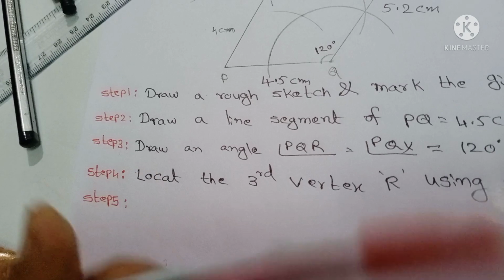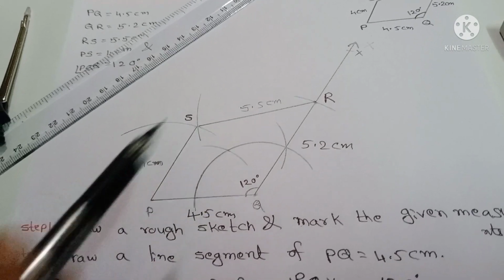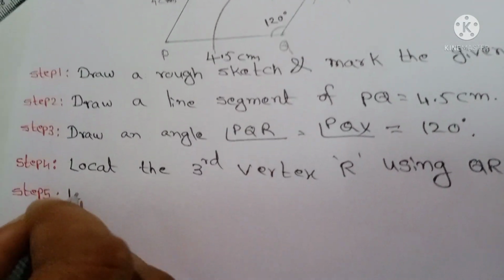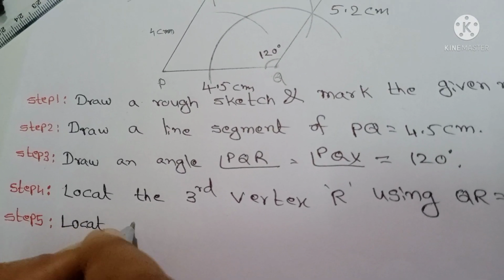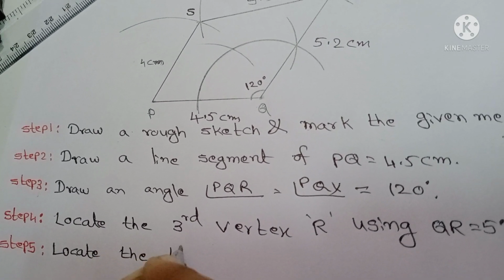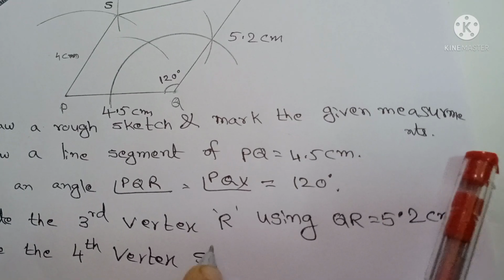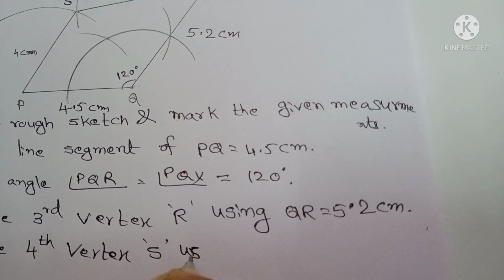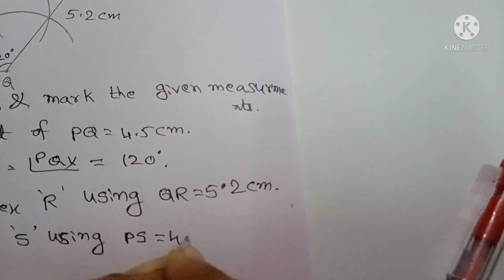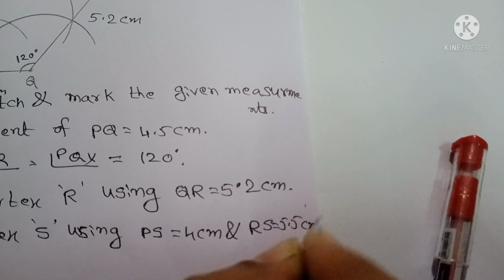Step 5. Locate the fourth vertex S using the given measurements PS equal to 4 centimeters and RS equal to 5.5 centimeters.